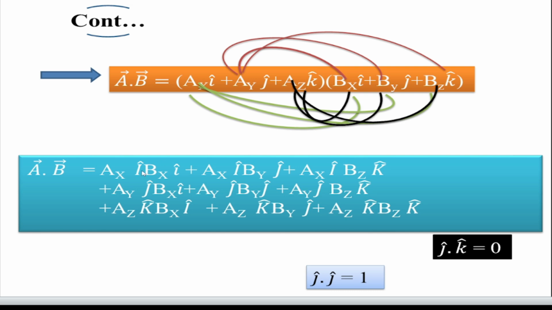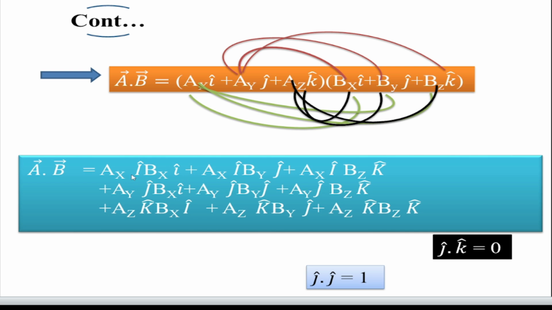As we know, the magnitude of I is 1, the magnitude of I is also 1, and the angle between them is 0. That means cos 0 is 1. So I dot I is the magnitude of I times the magnitude of I times cosine of 0 degrees, that is 1.